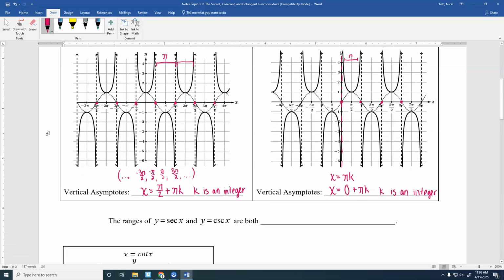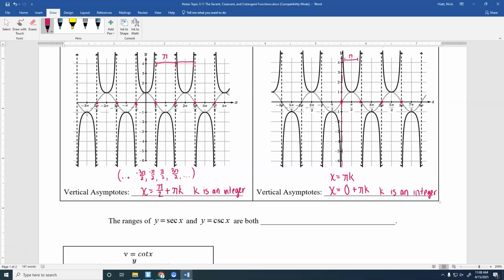Okay? The range for secant and cosecant is going to sort of be the opposite of your range for sine and cosine. For sine and cosine, we've got -1 to +1, right? But whenever we do these reciprocal functions, they've got this big space from -1 to +1.